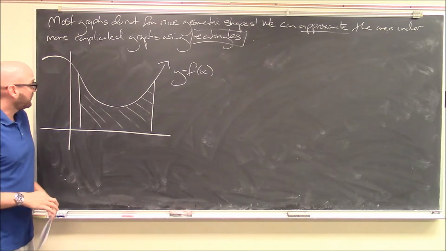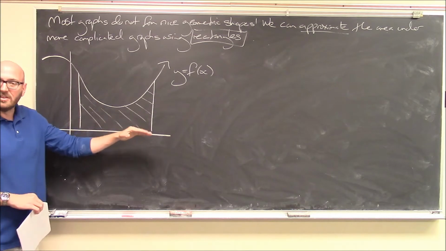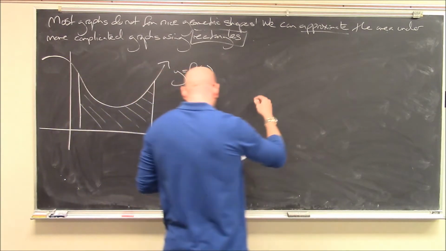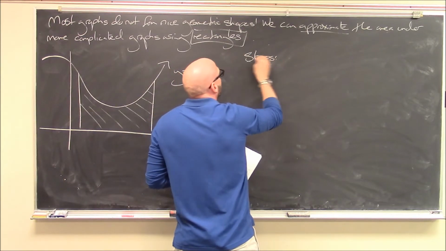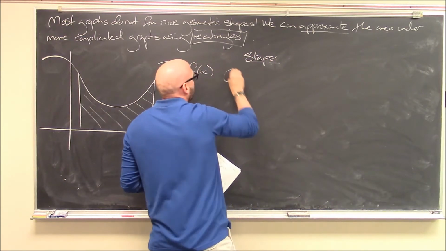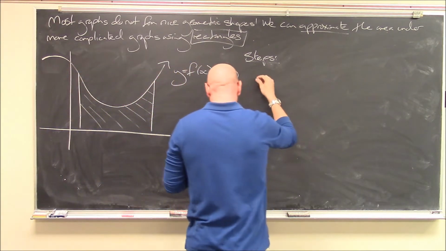So what mathematicians decided to do is, first let's break this into subintervals. So for starters, step one. And I don't have quite enough board space here. We'll try to make this work, but we'll see how this goes. So step one is the following.